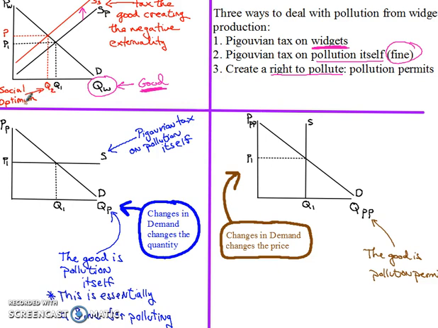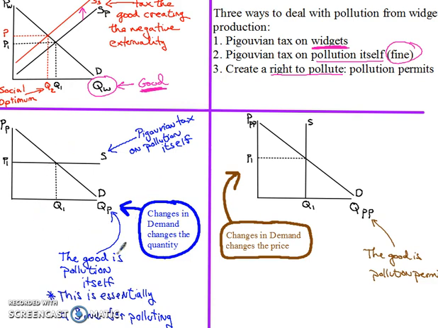So we're going to reduce output down to the social optimum by taxing the good that creates the negative externality. That's the first one. The good is the good that's creating the negative externality. Second graph, that's this one down here.